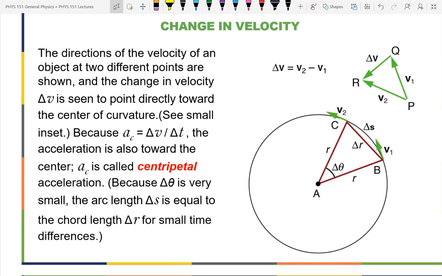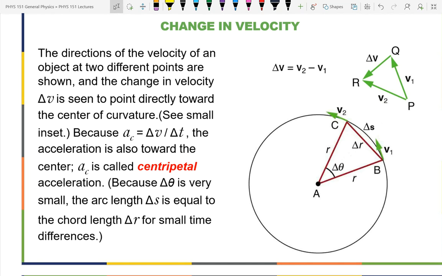This picture shows a finite change in position, because we can't show an infinitesimal. If something moves from position 1 to position 2, the velocity changes from like this to like this, and the change in velocity is the direction of the acceleration.